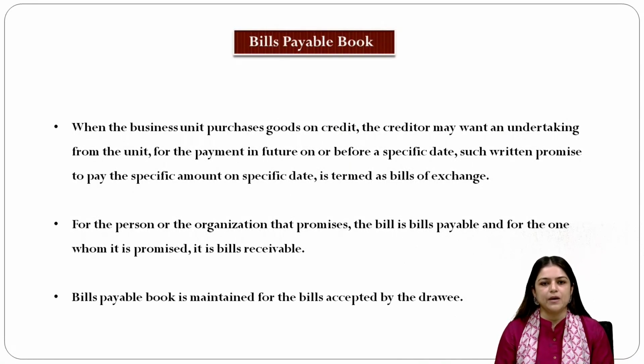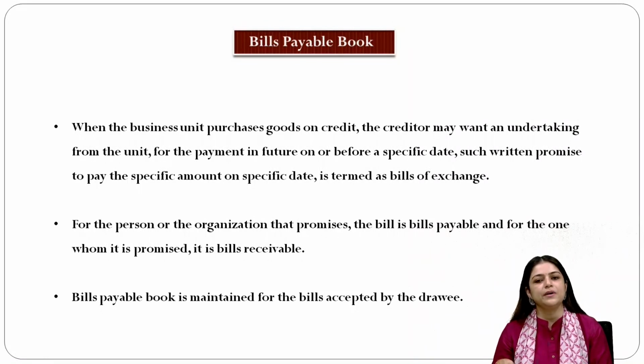Now bills payable book. What is bills payable book? When the business unit purchases goods on credit, the creditor may want an undertaking from the unit for the payment in the future on or before a specific date. Means a specific date or time is required for the bills payable, and such a written promise to pay a specific amount on a specific date is termed as a bill of exchange.